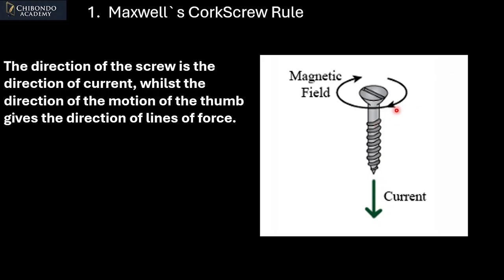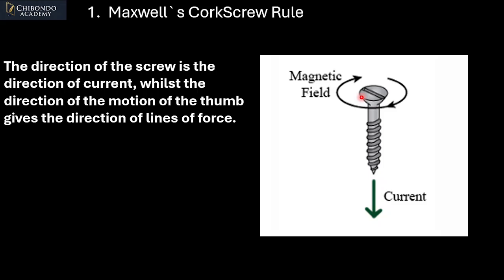When you are screwing, it means you are pushing it down into something. So if you are screwing, the direction of the screw's advance will point the direction of the current, whereas the direction of the turning when you are screwing will show the magnetic field.